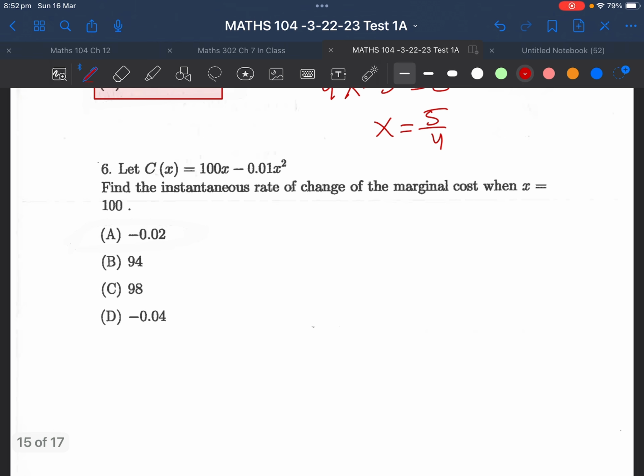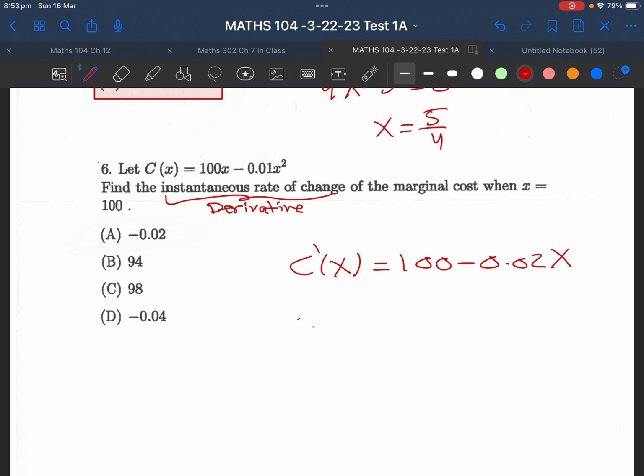Next question. I'm giving you the cost function. Find the instantaneous rate of change, and this is another way of saying find the derivative. Now, we find the derivative. What is the derivative? It is 100 minus 0.02x. All you need to do is to substitute the value given to me for x, which is 100.